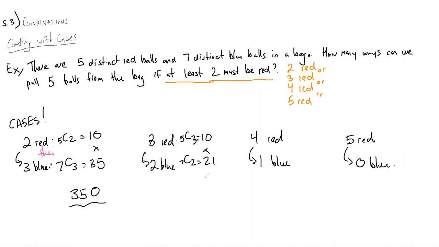So this one is 210. In the 4 red case, well, there's 5 ways to do that. And if we get exactly 1 blue, that's going to be 7 ways to do that, 7 choose 1.